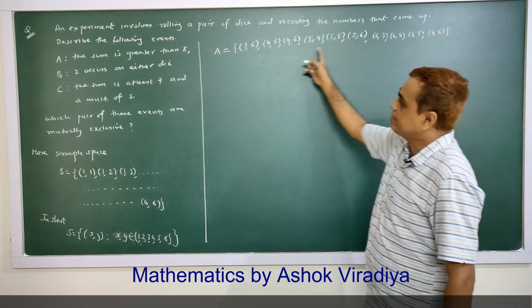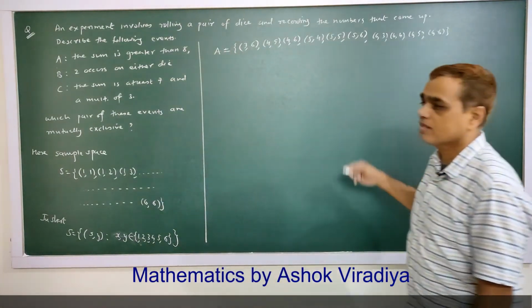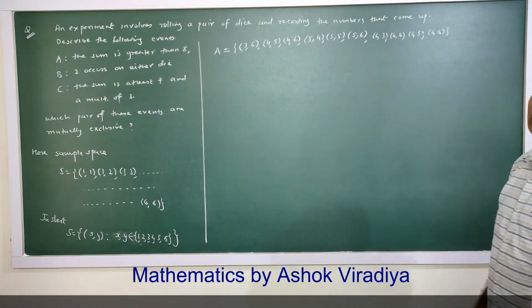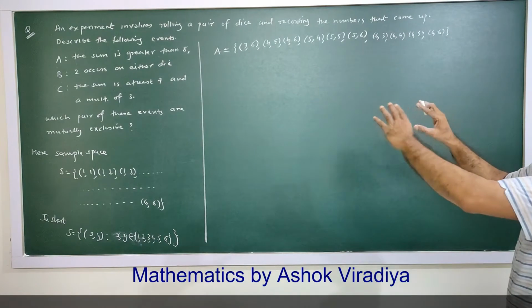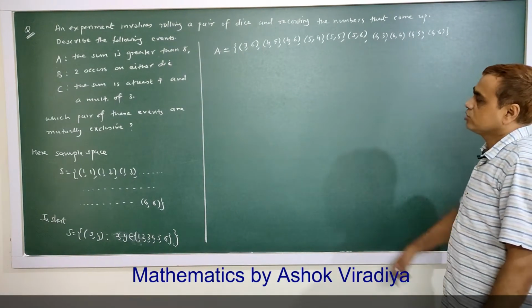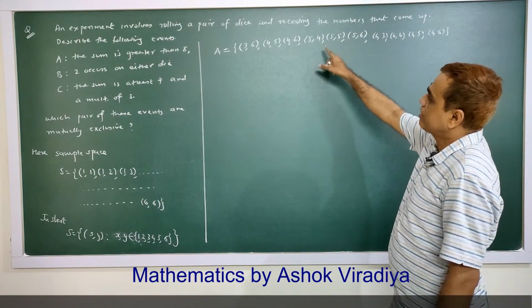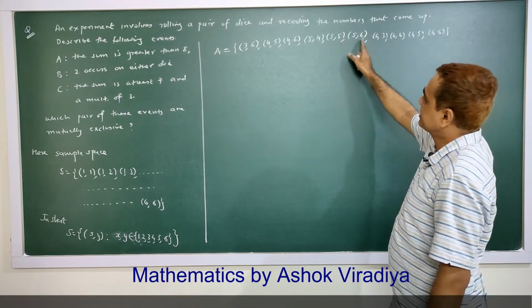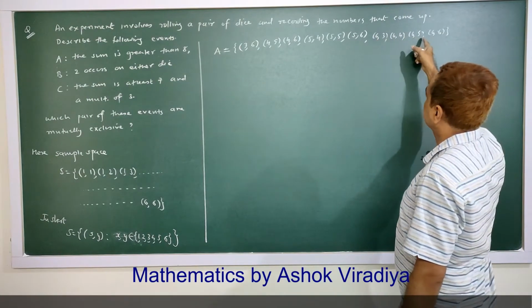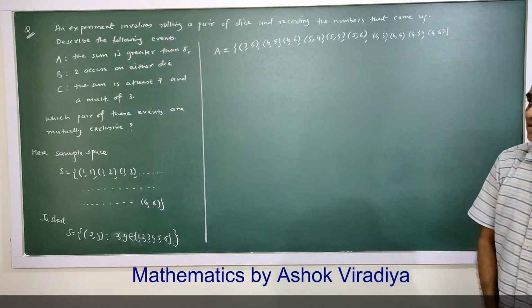See, these are the elements in which the sum is greater than 8. Keep in mind that no outcome or sample point should be missed. So 3 6, 4 5, 4 6, 5 4, 5 5, 5 6, 6 3, 6 4, 6 5, 6 6. The sum is 9 or more than 9.